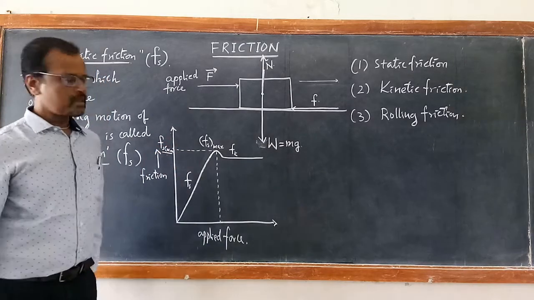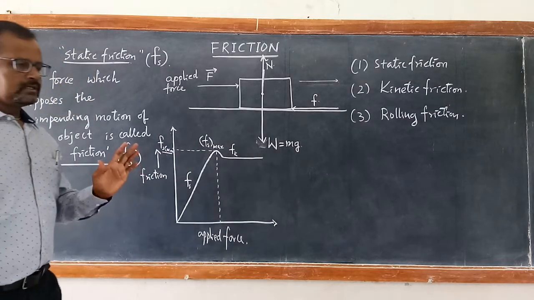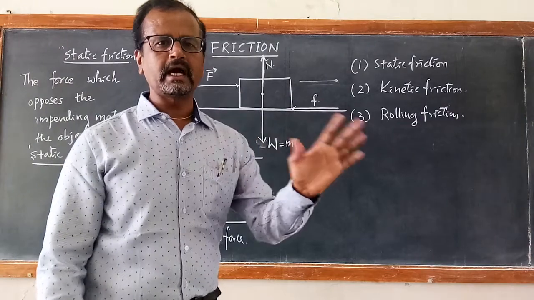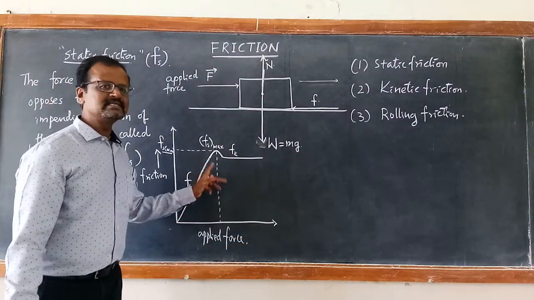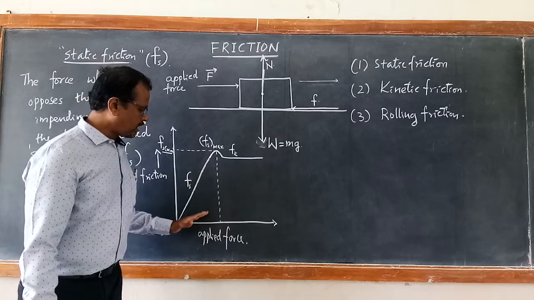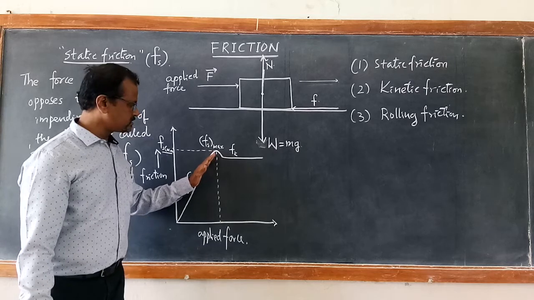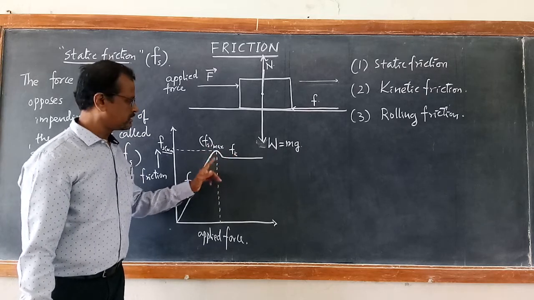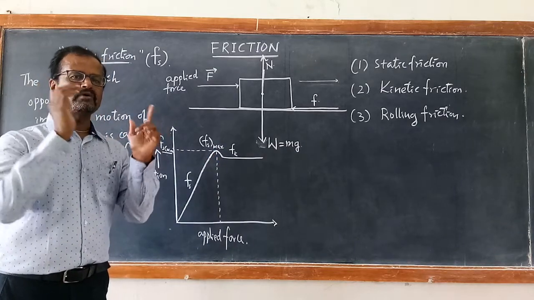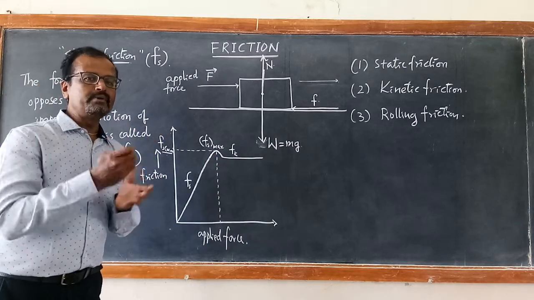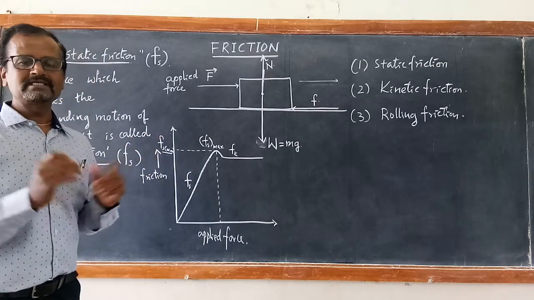Fs max, maximum value of static friction, means for a small amount of applied force, the object hardly moves. As you go on increasing the applied force, still the body is at rest. At one particular applied force, the body is just set into motion. That maximum amount of applied force, above which the body is just set into motion, we call maximum static friction.